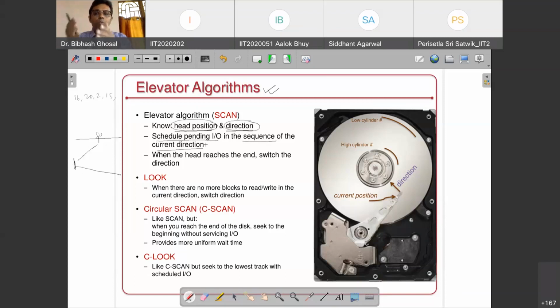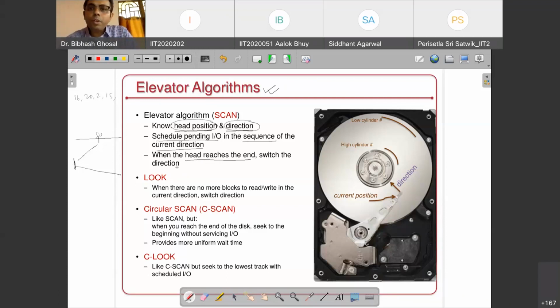If you are moving towards lower than the current head position, all the requests along that path will be covered. When the head reaches the last pending request, not necessarily 0, the last pending request along this path, you switch direction. Now you start moving towards the increasing pending requests. This is the basic algorithm.